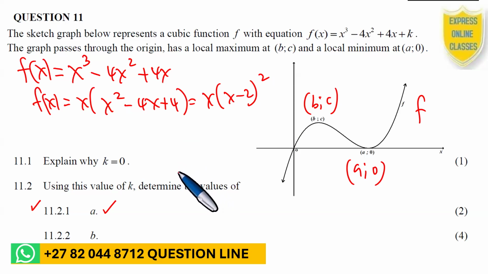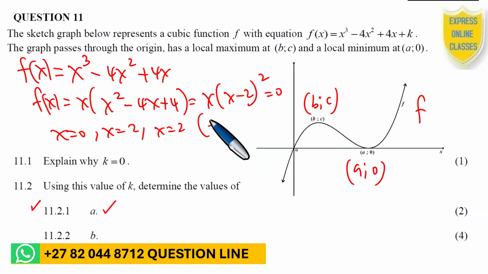At this point, we want to determine the x-intercept. So if you equate the graph to 0, we have x equals 0, x equals 2, x equals 2. These are the x-intercepts. So at this point, it is clear that a equals 2.